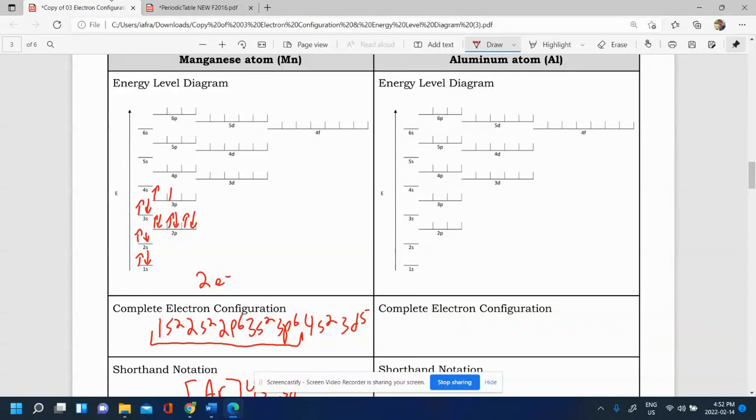Then 13, 14, 15, 16, 17, 18. Then 19, 20, 21, 22, 23, 24, 25. And there we have it, the energy level diagram for manganese, which should match the electron configuration as well. You'll have 25 electrons in the electron configuration, 25 in the energy level diagram.